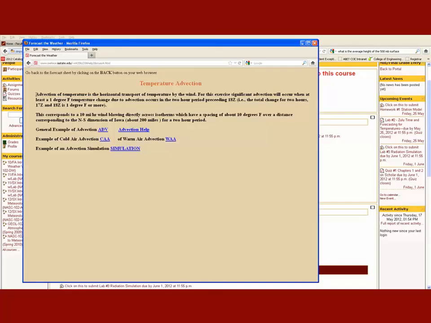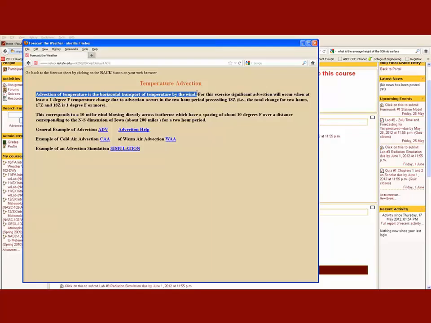And you see the definition given here. Advection of temperature is the horizontal transport of temperature by the wind. In other words, think about this. Now, we're not talking about vertical direction, but we're talking about horizontal direction. Some of our warmest summer days, and I'm talking about 100-degree days, is when the wind is coming from Mexico, Texas, and Oklahoma and moving into Iowa.